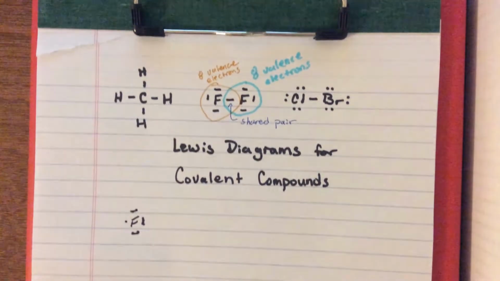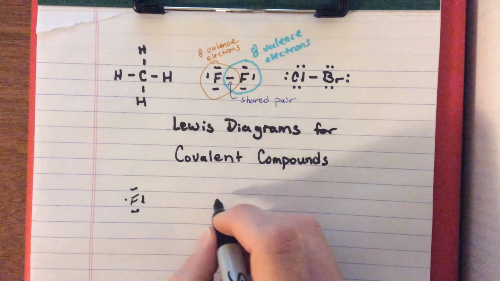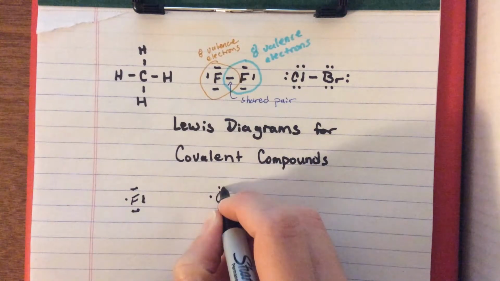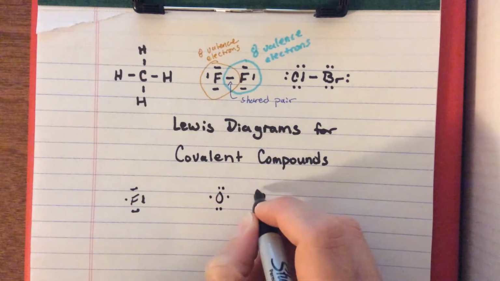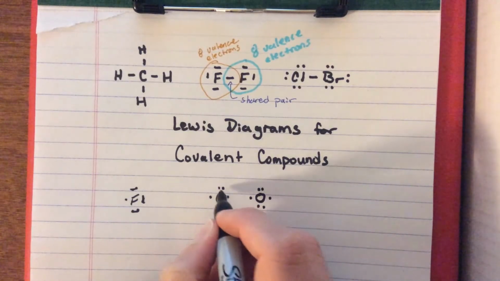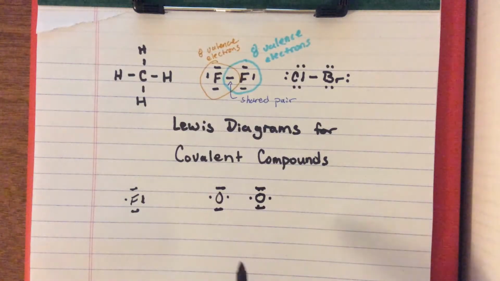However, other atoms have the potential to share multiple pairs of valence electrons. So if we look at, for example, a pair of oxygen atoms with their 6 valence electrons, they have 2 unpaired valence electrons that they could potentially share together.